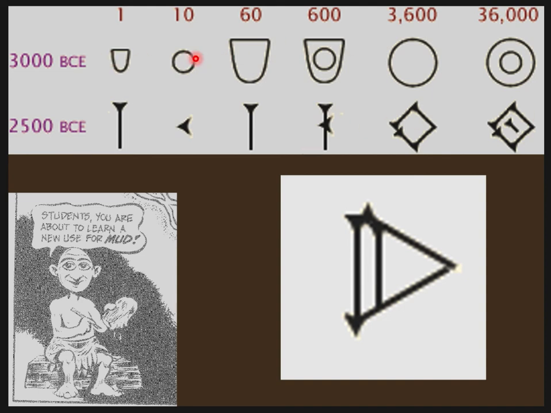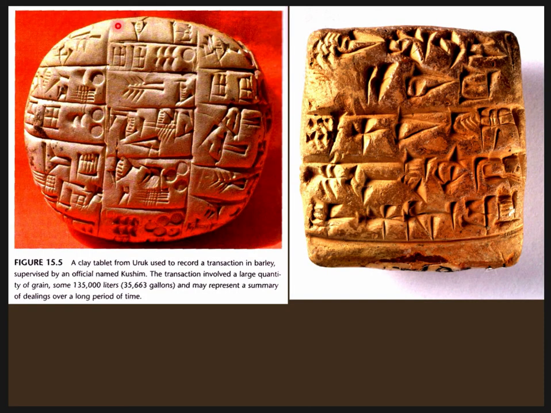So they completely drop the cones and the dots to write numbers and write numbers only in cuneiform by about 2500 BC. Right? Here you can see an early tablet from 2700 BC, and then a later tablet, and you can see how the cuneiform becomes smaller, more abstract, and the cones and dots are gone.